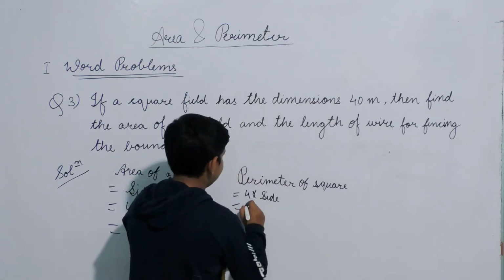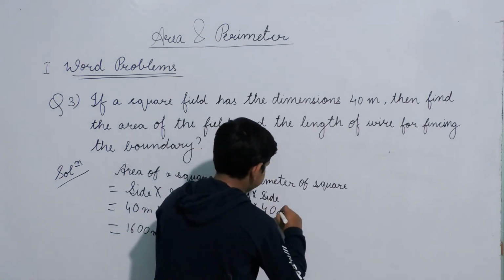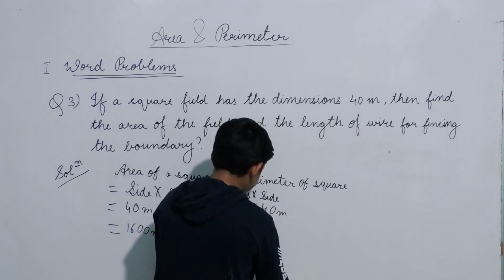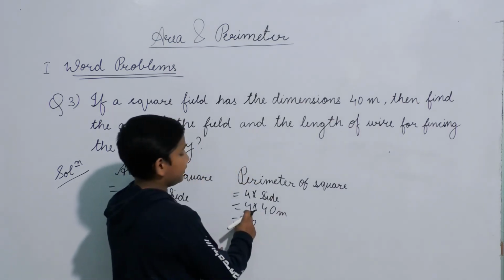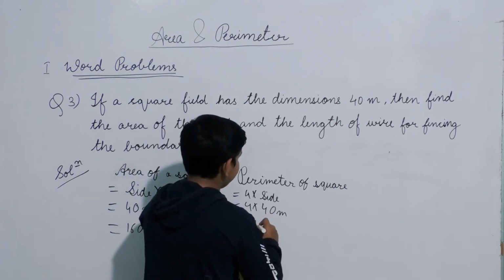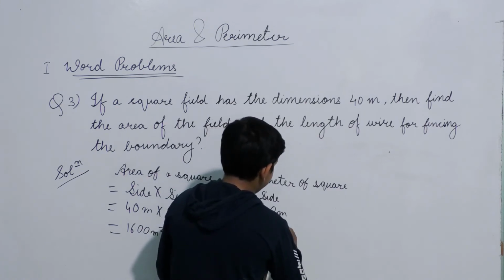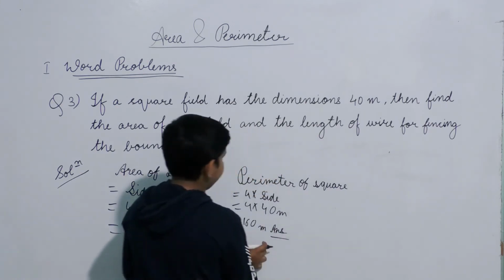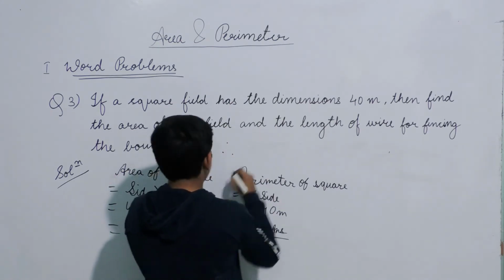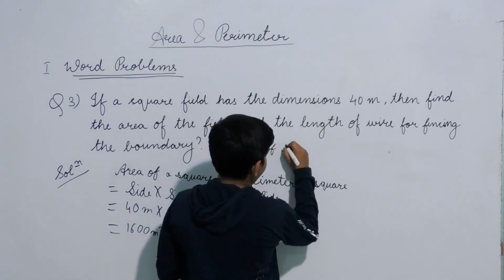So we will rewrite it as 4 into 40 meters. 4 into 40 is equal to 160, and because there is no other meter in our question, we will write it as 160 meters. So the length of the wire is 160 meters.